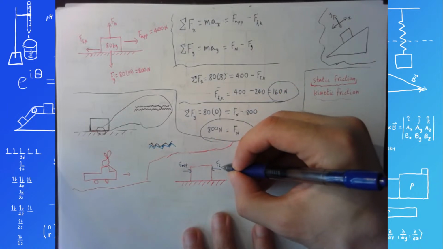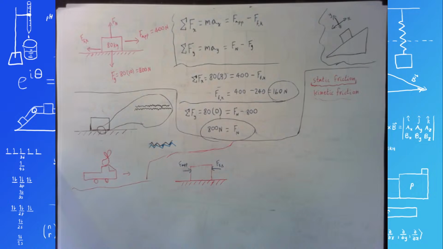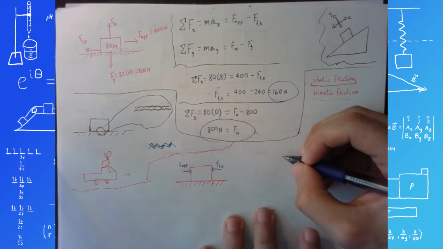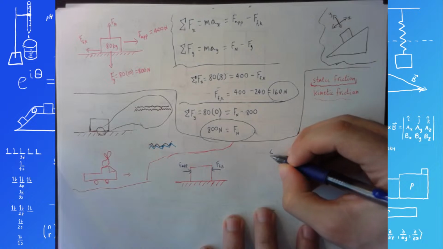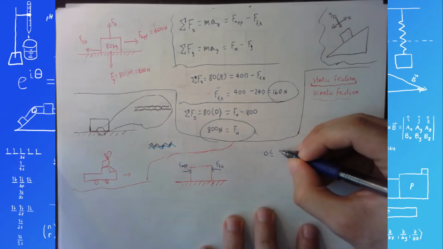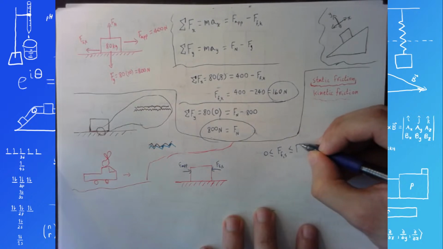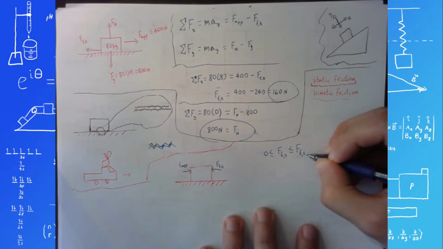That is the force of static friction. So the static friction force is kind of like the normal force and the tension force. It has some sort of maximum that it can go to. Force of friction static maximum.